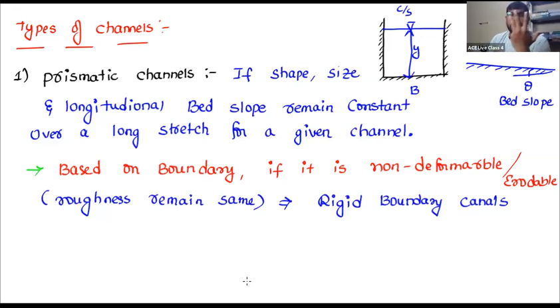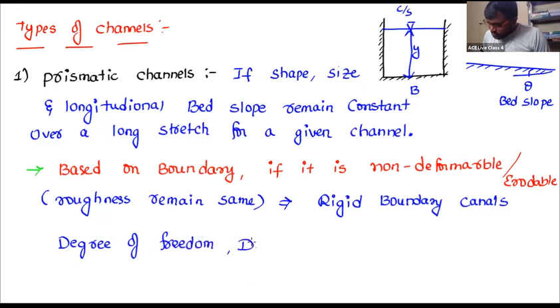In the case of the prismatic channel, shape, size, and slope remain constant. What is the only variable? Depth of flow. So here, the degree of freedom, DOF, is equal to only 1. The degree of freedom means variable, and it is going to be depth of flow.